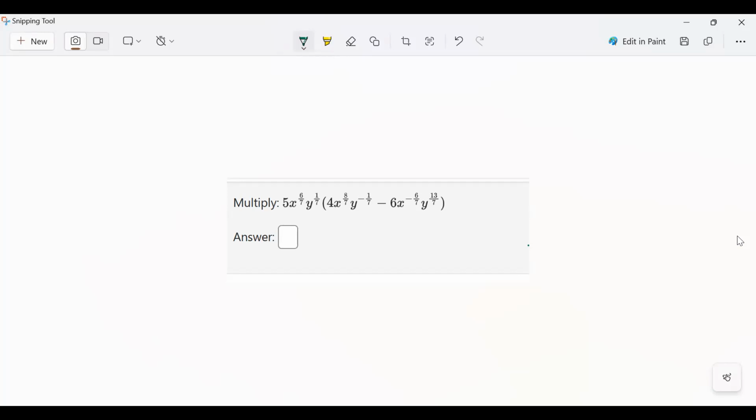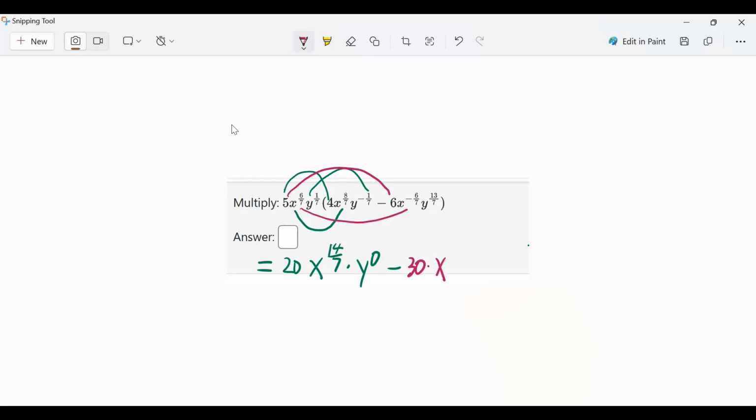All right, let's go over the solution here. First of all, we tackle the first term: 5 times 4 gives us 20, then x to the 6/7 times x to the 8/7, adding the exponents, would be x to the 14/7. For the y part, the exponents offset each other and equal 0. And then the second term, 5 times -6 is -30, and x to the 6/7 times x to the negative 6/7 offset each other at 0.